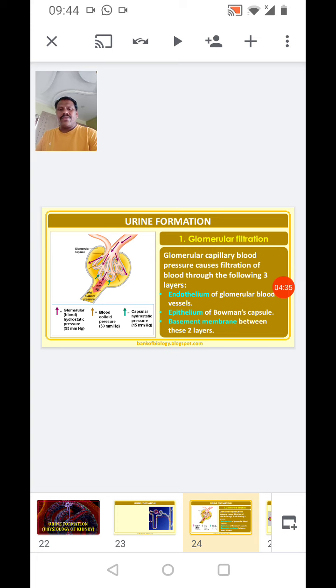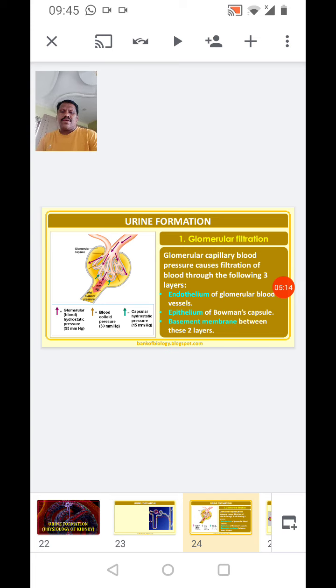That means when the blood having nitrogenous waste material, excess water and excess salts passes through the blood capillaries of the glomerulus, the contents like water, glucose, amino acids, vitamins, urea, uric acid, ammonia, and electrolytes like sodium, chloride, potassium are all filtered into the lumen of the Bowman's capsule.